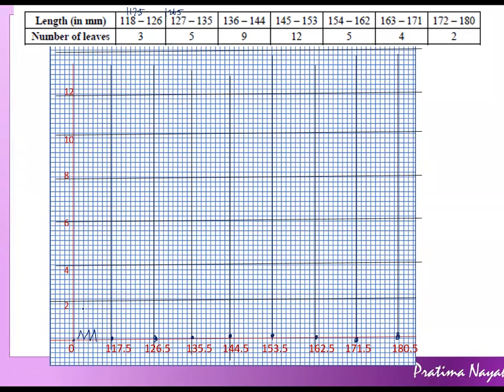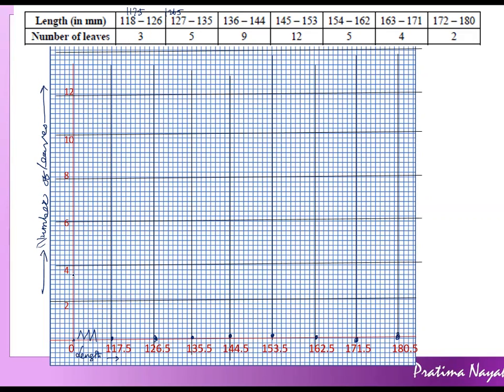Then this is your length. You have to write in the length, and this is your number of leaves. Now coming to 117 to 126, there are 3 leaves.